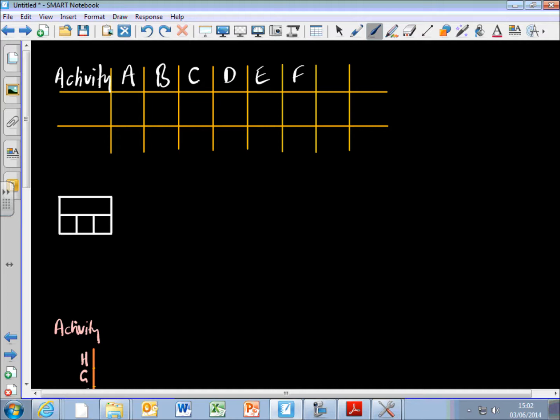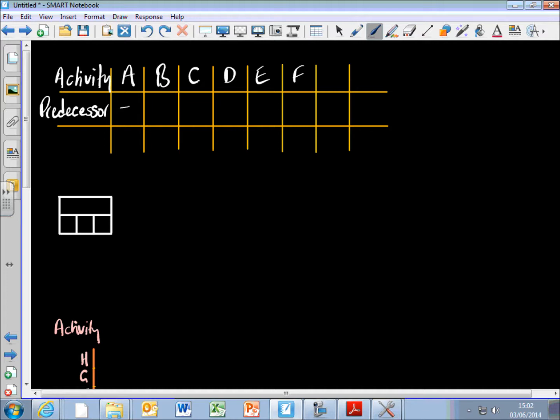In the next row, I'm going to put predecessor, and this is what jobs need to be done before I do job A, B, C, D, E, and F. So I don't need to do anything before I do job A. I can do that straight away.